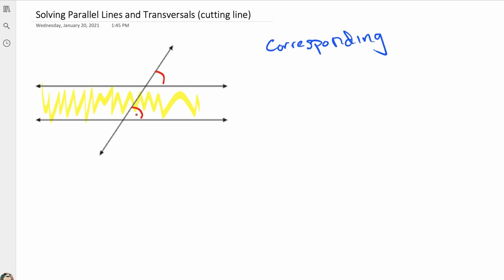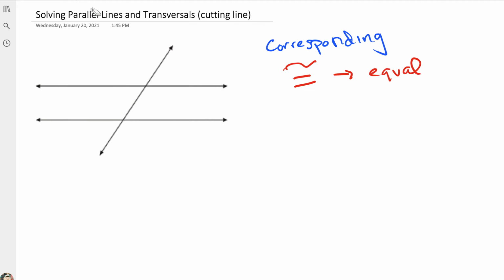What you're doing is sliding the angle up one line, and it will remain the same value. It'll be equal or congruent. So we know corresponding angles are congruent, which means we can set them equal when we are solving. Anything congruent means the shape and size are equal, so we can set them equal.